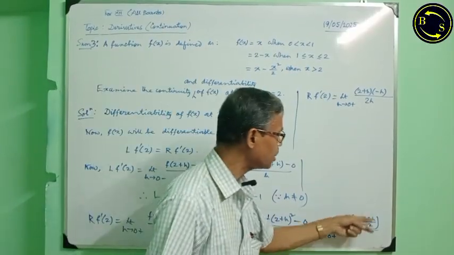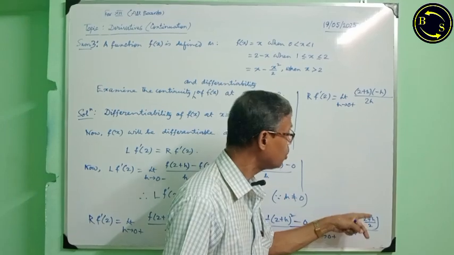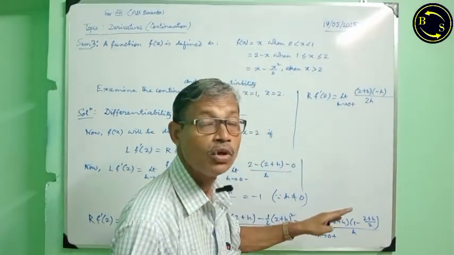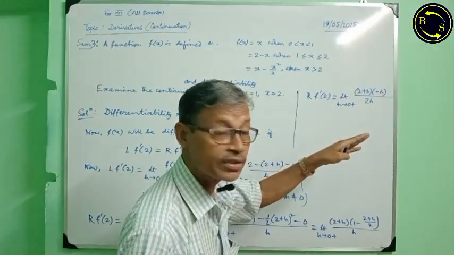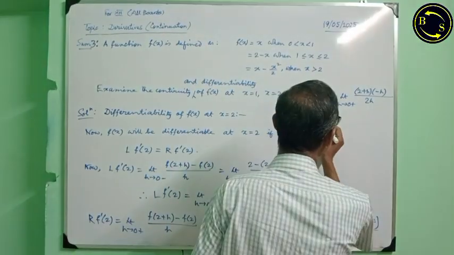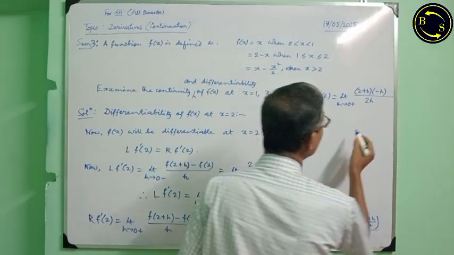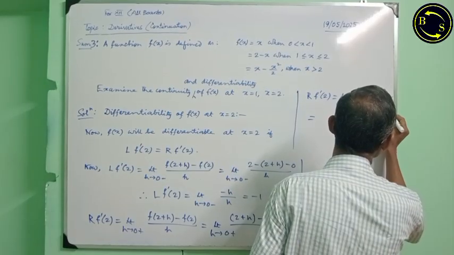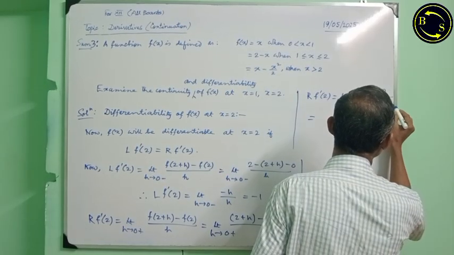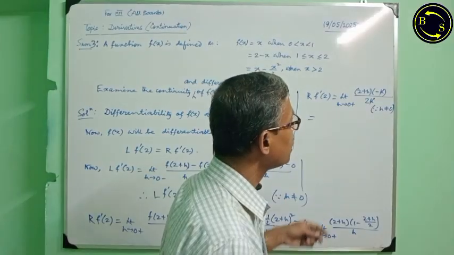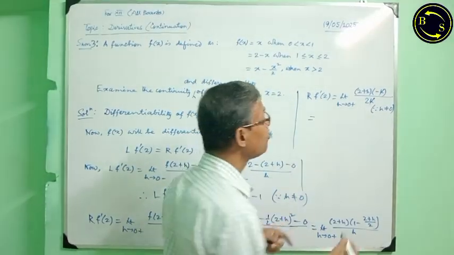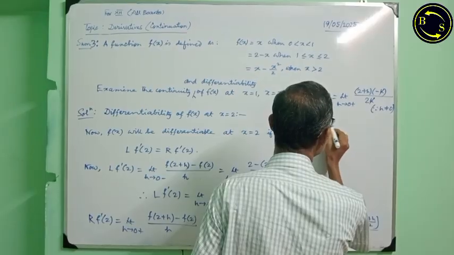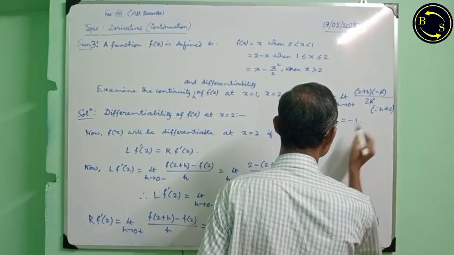See the simplification. Denominator will be 2, numerator will be 2 minus 2 minus h, so 2 are cancelled, finally minus h. Now h is cancelled since h not equal to 0. Now finally we shall put h equal to 0, therefore minus 2 by 2, that is equal to minus 1.